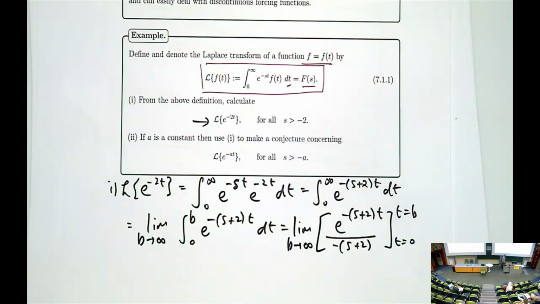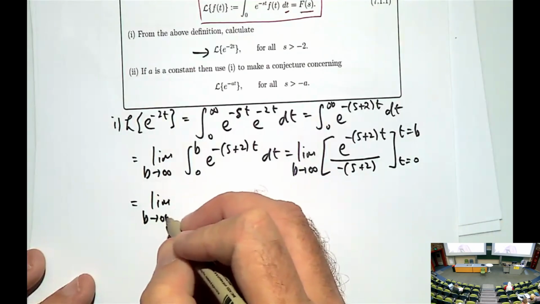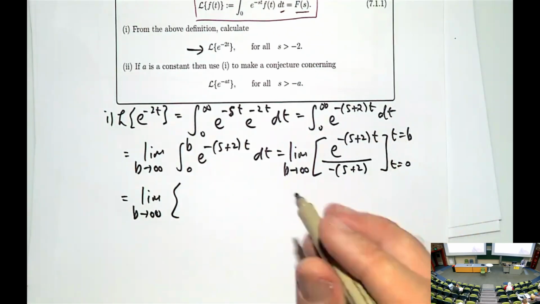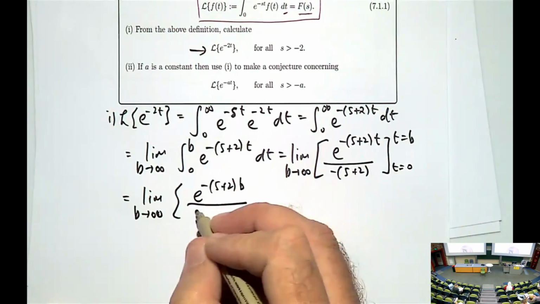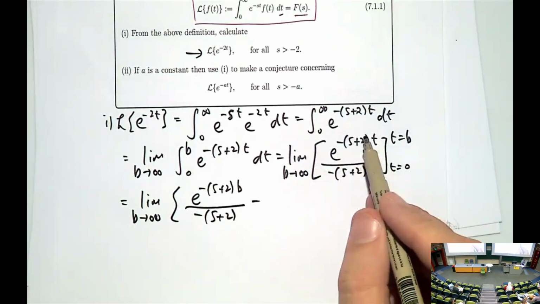Okay? All right, so replace t with b. And same there, so e to the 0 is going to give 1.